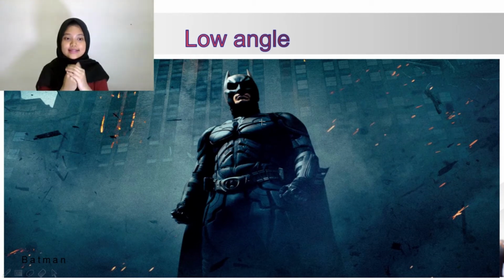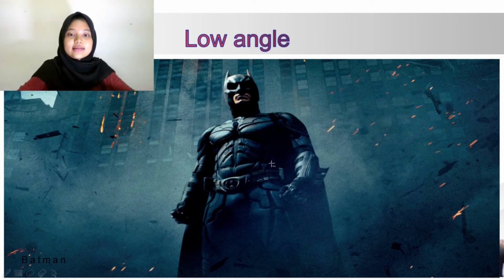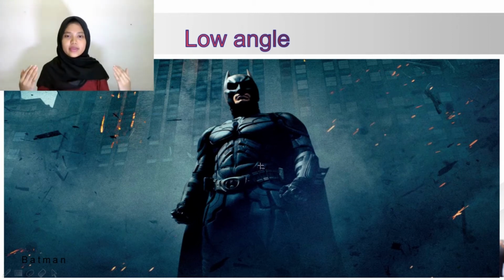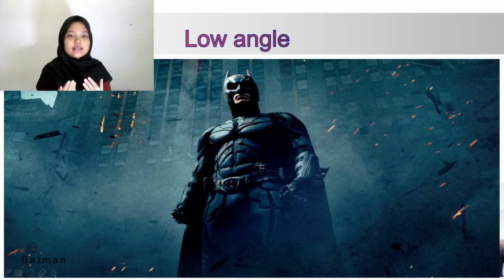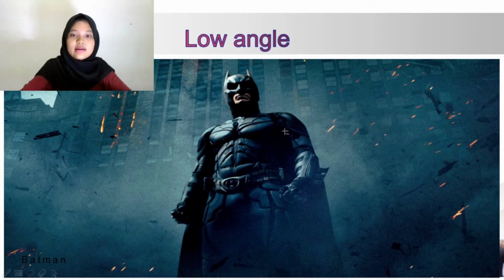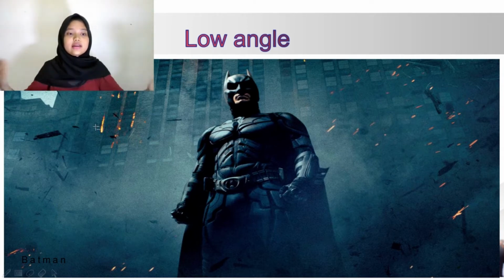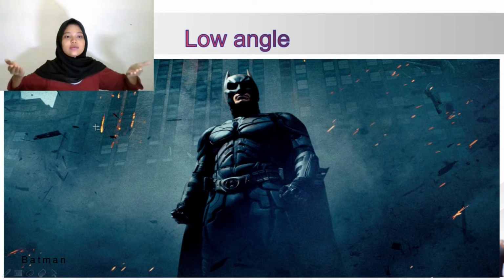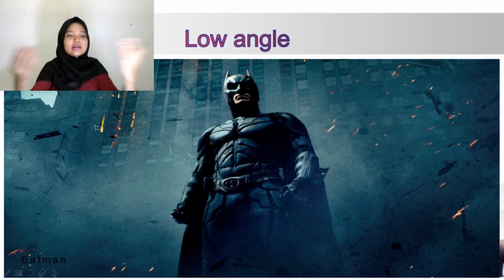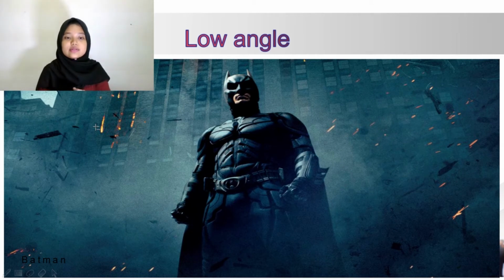So as you can see, Batman in here is a powerful and strong person who can control the environment and the situation. He looks like a powerful character subject in there.